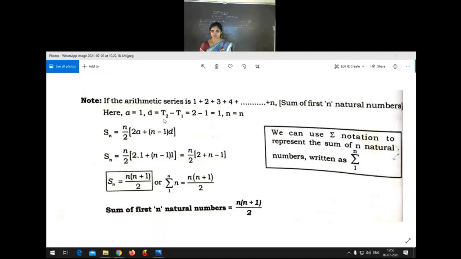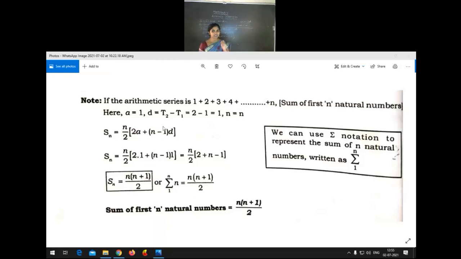In old textbooks they mention it as T2 minus T1, term 2 minus term 1. But here we are taking a2 minus a1. For natural numbers the gap is 1, 1, 1, 1, no? Next, n is equal to n only. We don't know the number of terms, so we take n only.